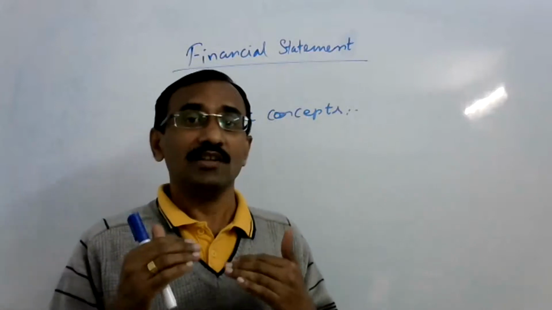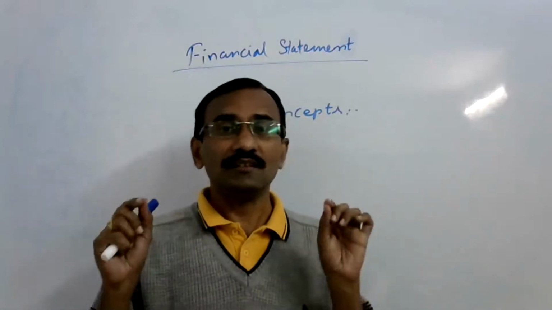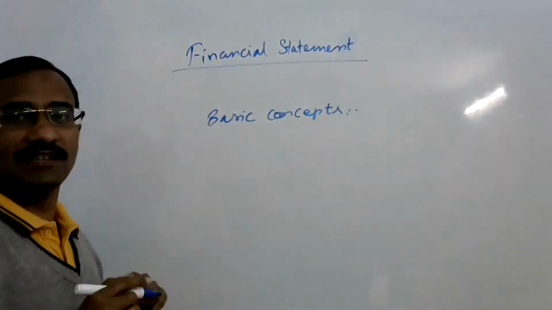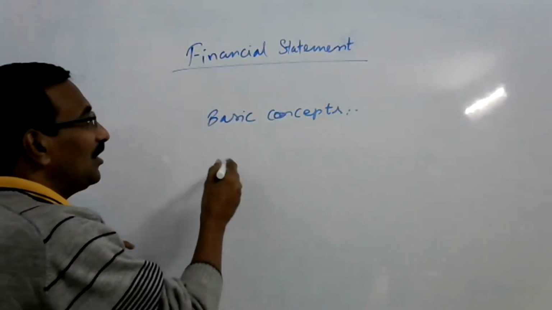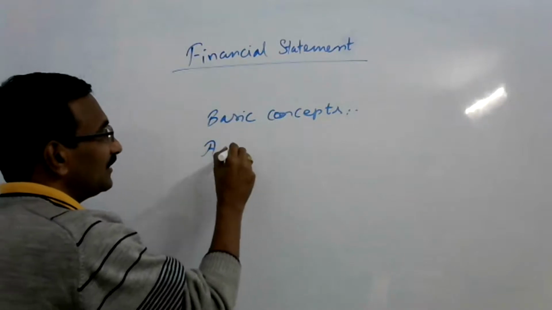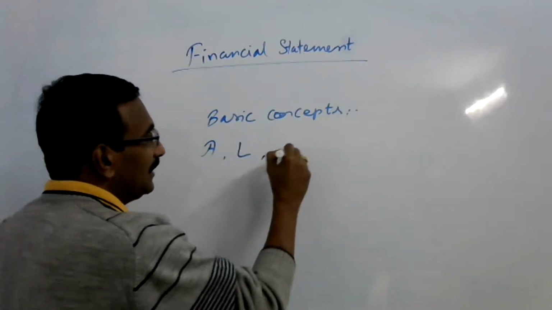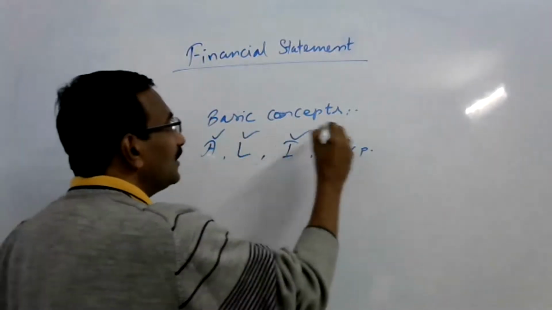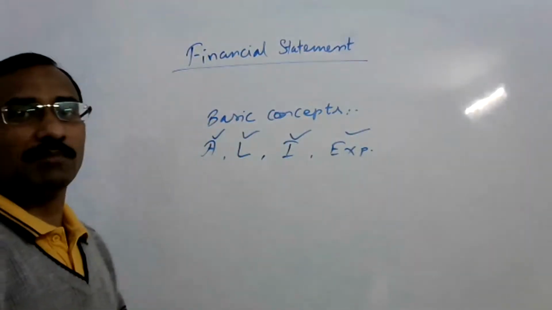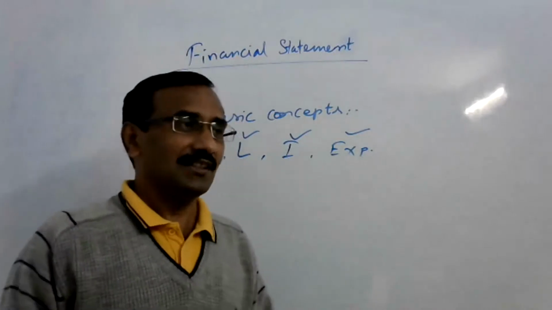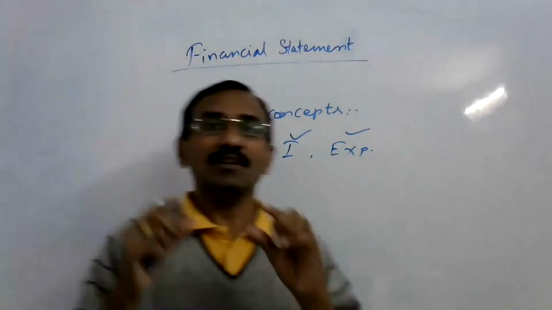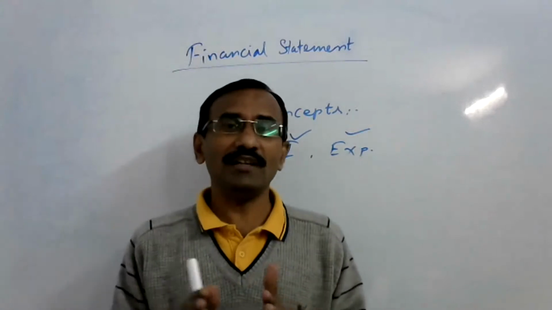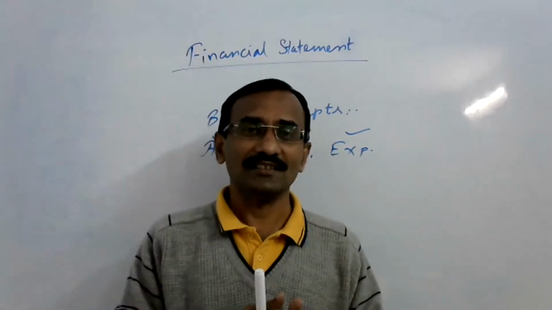Thereafter, we understood the transaction, and then we bifurcated it into four heads: asset, liability, income, expenditure. These four heads are the main heads for the purpose of accounting. But these are major heads, and accounting cannot be done on the basis of major heads.